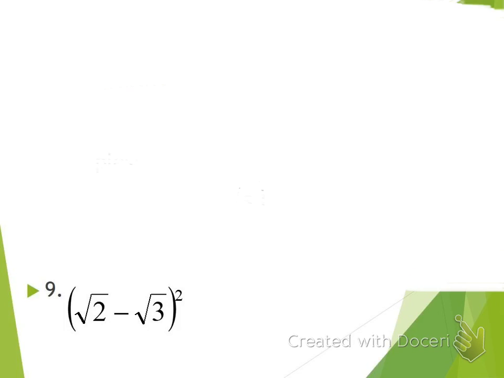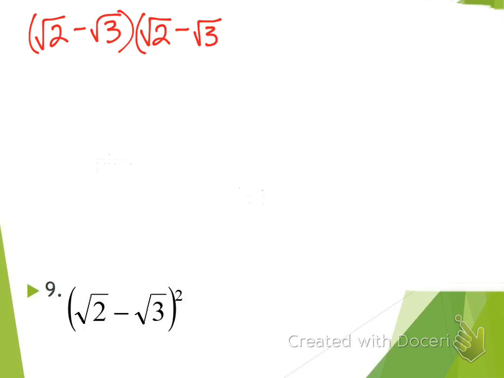So if I am expanding the square root of 2 minus the square root of 3 squared, that means I'm taking the square root of 2 minus the square root of 3 times the square root of 2 minus the square root of 3. So I'm bringing it up to the top of the page so that I can show my work a little bit better. Are we all okay with how I expanded this?